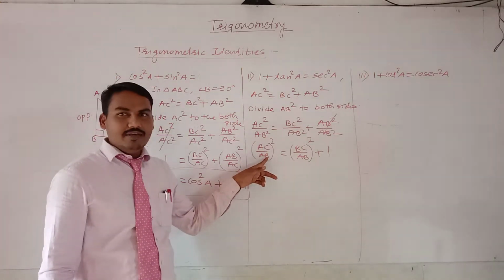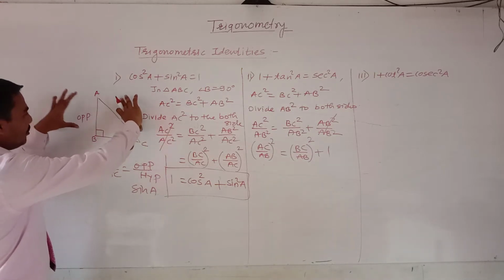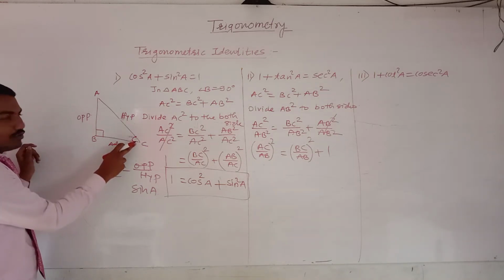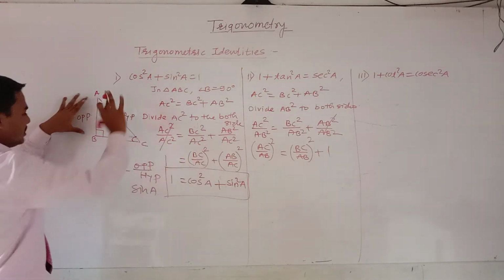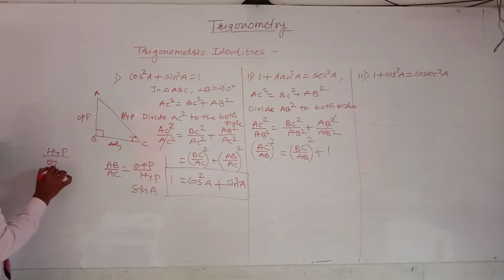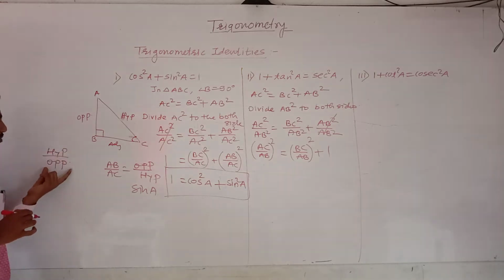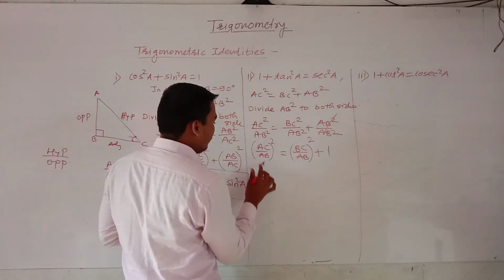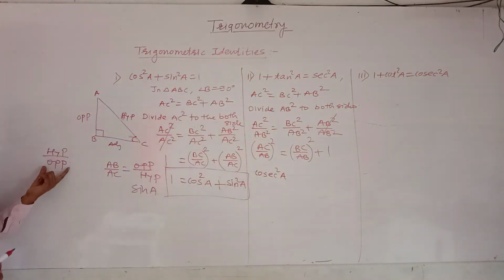Now AC by AB from the triangle: AC is the hypotenuse upon opposite AB. Hypotenuse upon opposite is cosec, so AC by AB is cosec square A. Why?